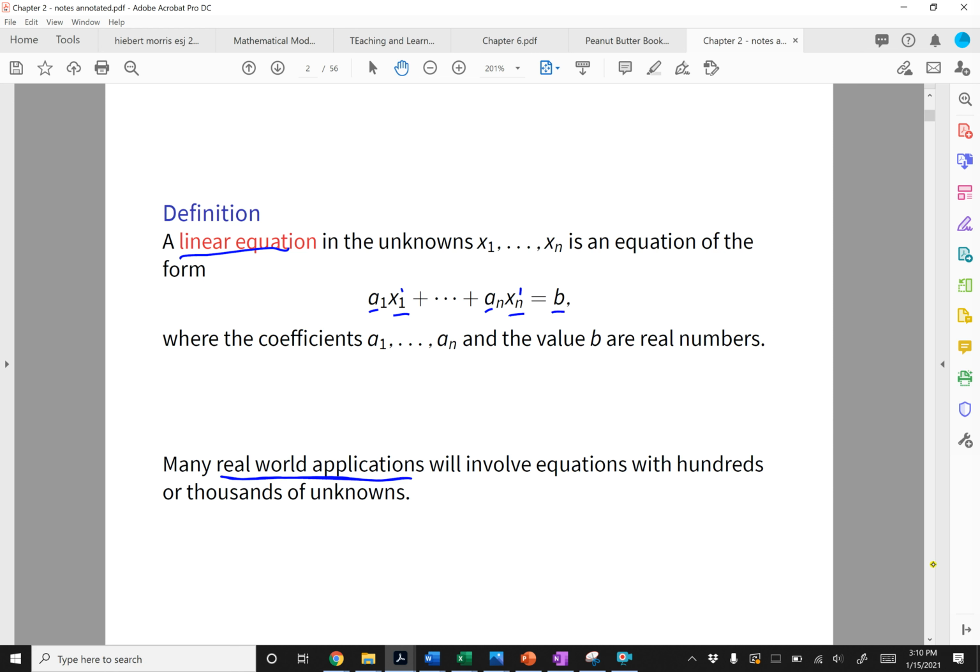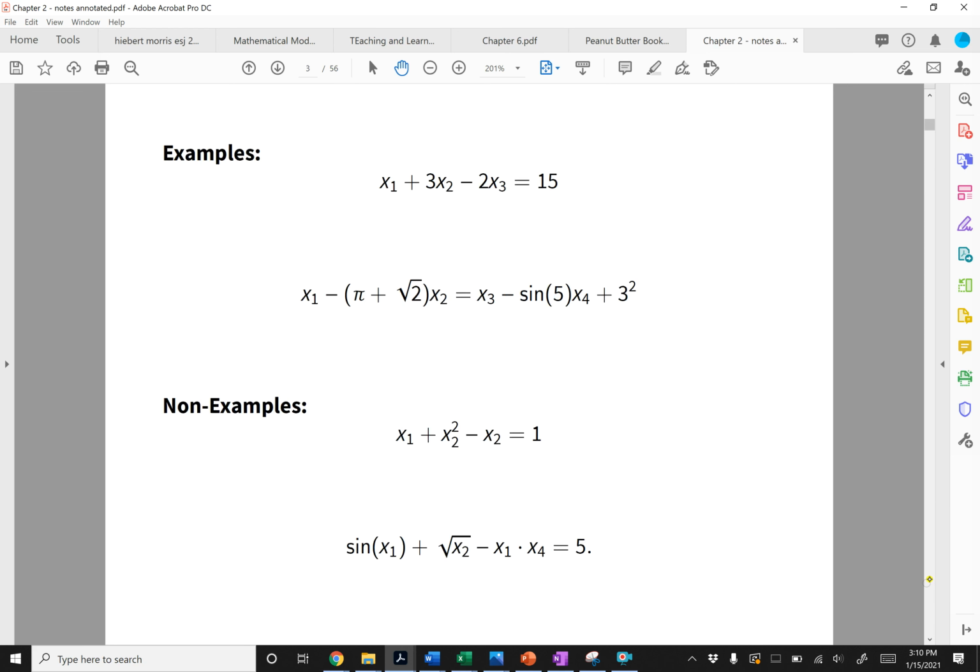These come up a lot, and if the application isn't exactly linear, often they can be approximated with linear equations. And sometimes we have hundreds or thousands of variables. Luckily, we have computers to help us out with that. But they can't solve everything. In fact, they just give rise to other problems we have to work on. We'll talk about that later.